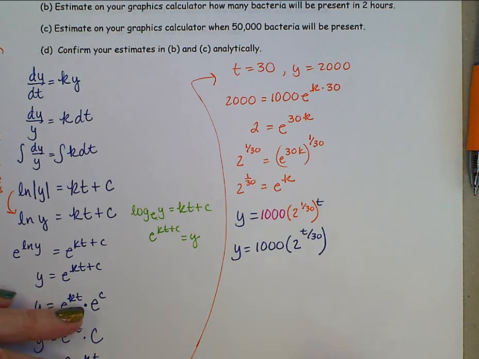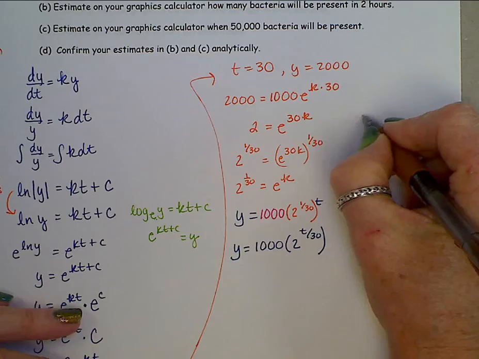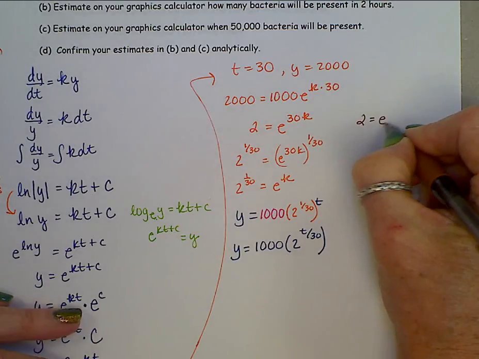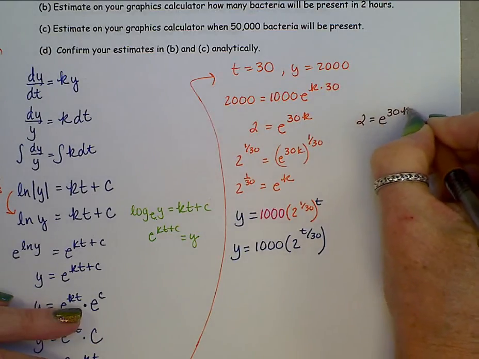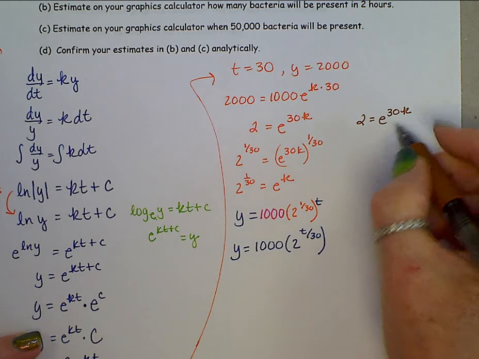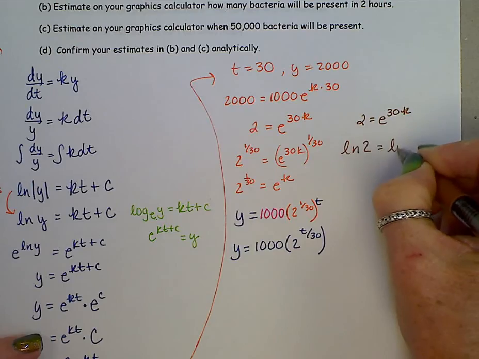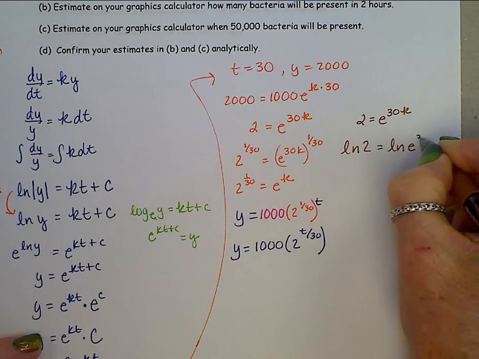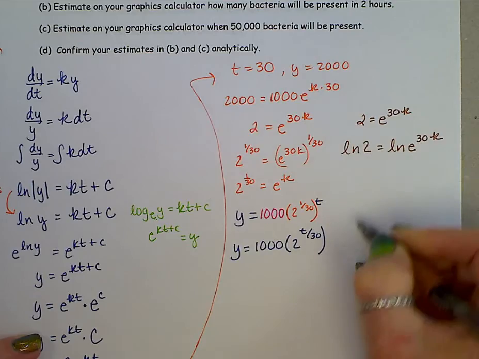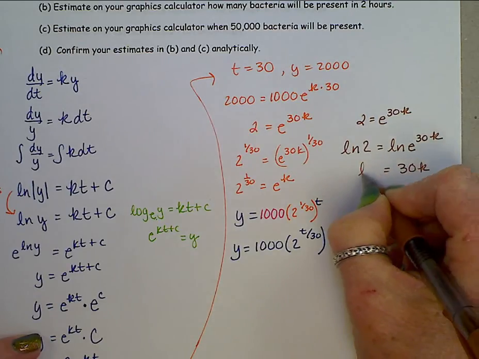Okay, looking at the other way to solve this. I believe most of you last year were taught to take the natural log of both sides. So ln2 is ln of e to the 30k, which then became 30k is ln2.